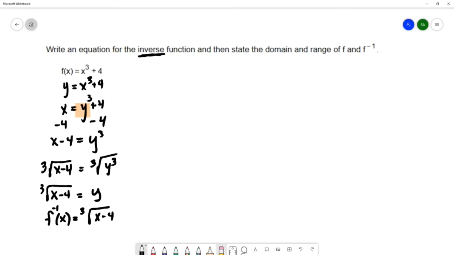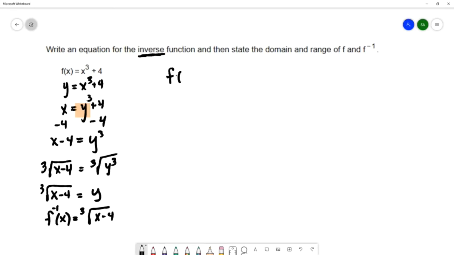The next thing that we want to do is find the domain and range of f and f inverse. Now we have some strategies for finding the domain of different types of functions. So I'm going to find the domain of each of these f and f inverse first.